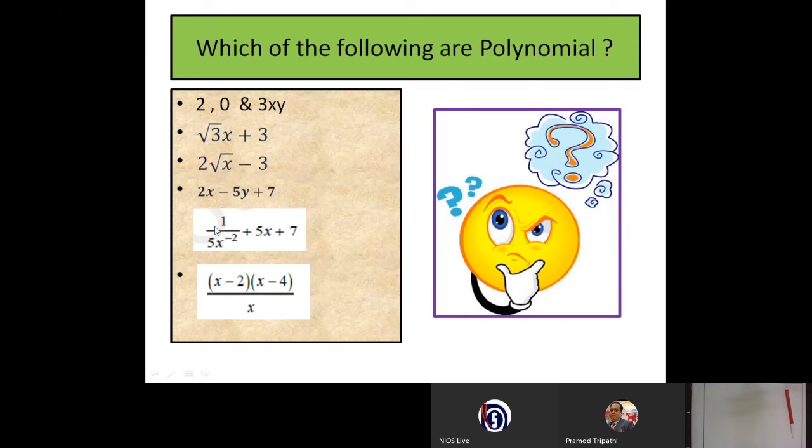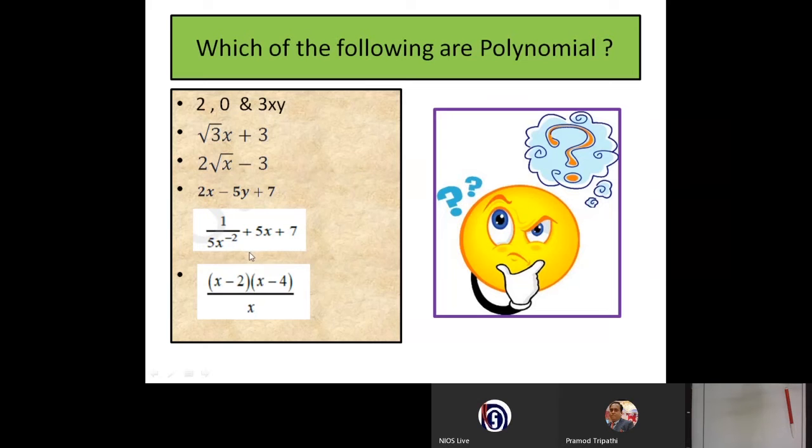In the next example, it is 1 upon 5 into x raised to the power minus 2 plus 5x plus 7. The first term is 1 upon 5 x raised to the power minus 2. So when we use the law of exponents here, when x goes to the numerator side, the sign of the exponent gets changed.